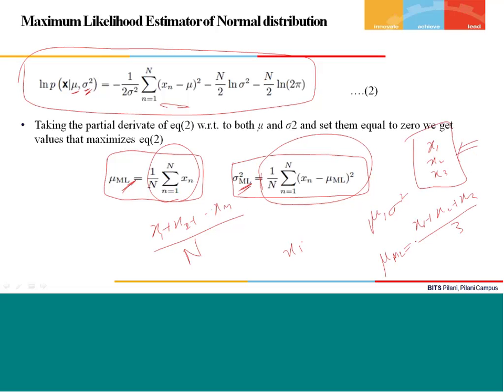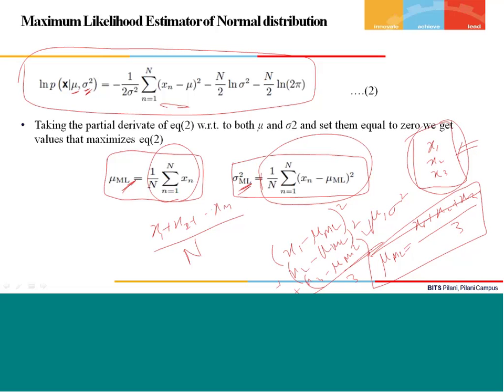Now, x1 minus mu ml square plus x2 minus mu ml square plus x3 minus mu ml square, the whole expression divided by 3. So if you are given these 3 points, that's how you find out the mu, and that's how you find out the variance.